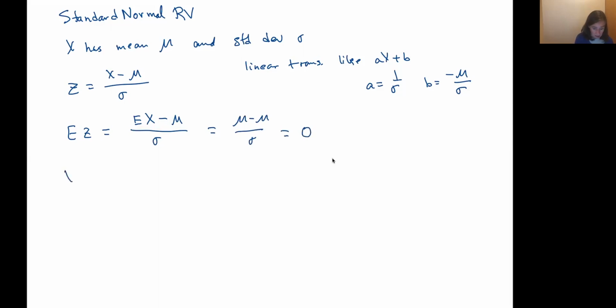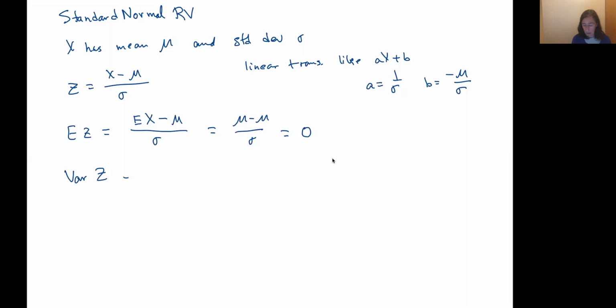And similarly, we know the variance of z is going to be the variance of ax plus b, which is a squared times the variance of x.